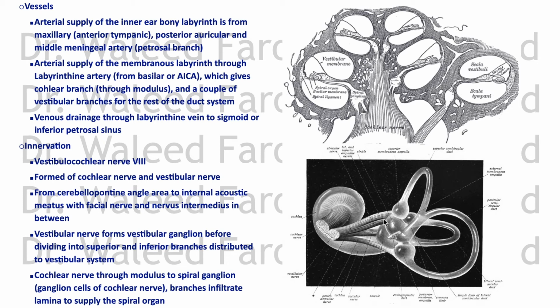The cell bodies of the sensory fibers coming from the receptors are in the vestibular ganglia before it joins together with the cochlear nerve to form the vestibulocochlear nerve. So we have the vestibular nerve and the cochlear nerve. So that's the vestibulocochlear nerve. Okay.